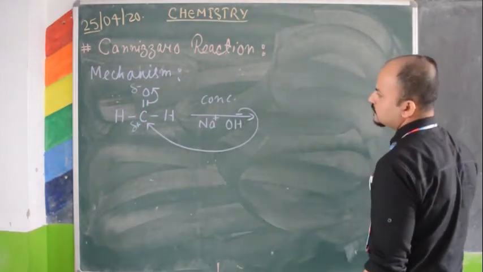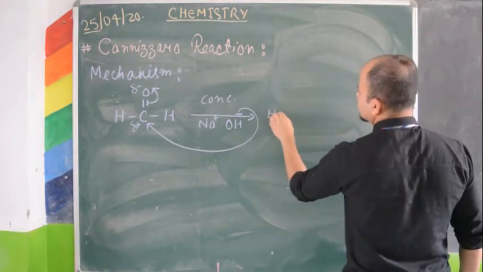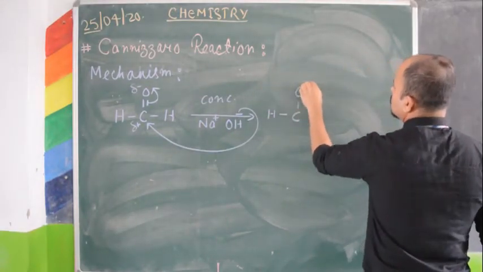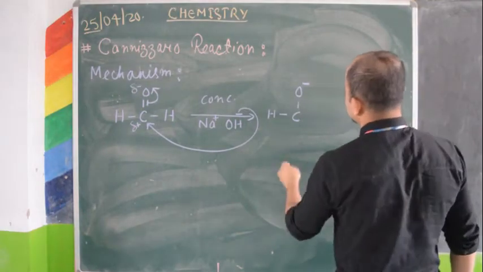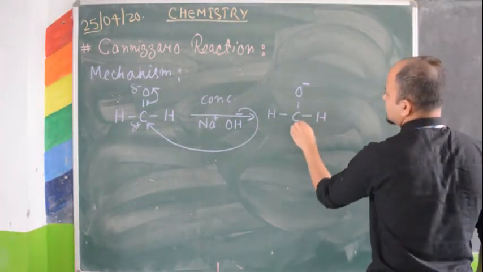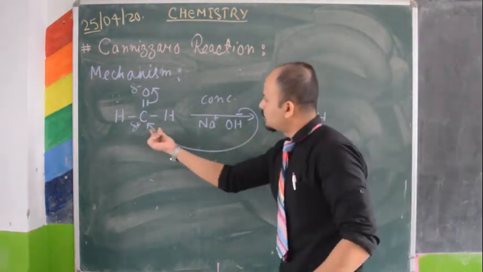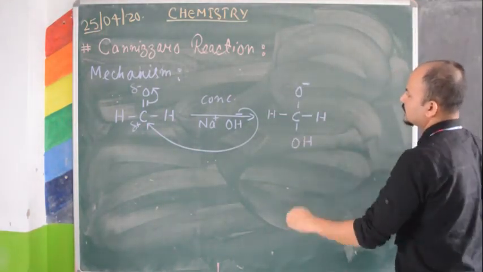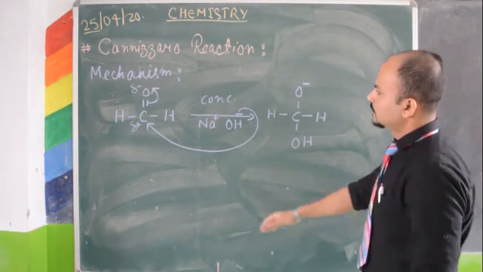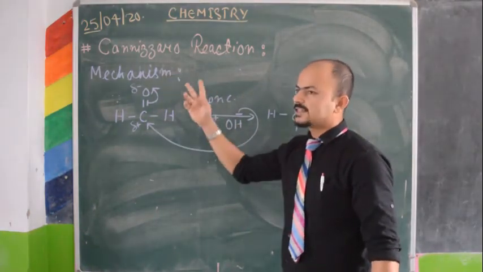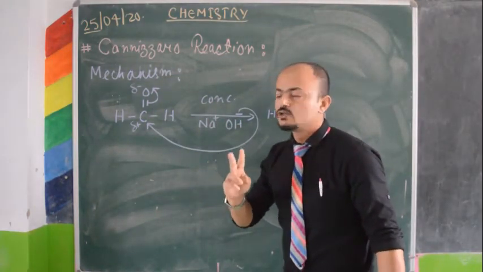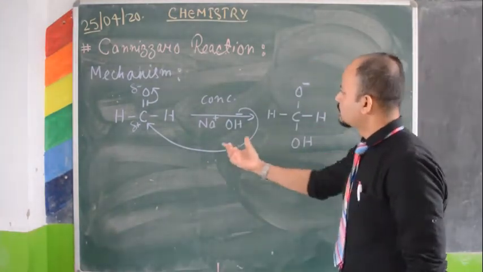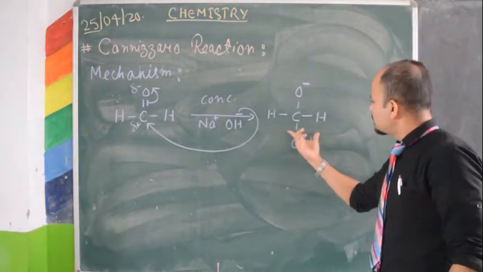So now let me write the product. HCO minus, this side H, and here this OH group is bonded to this carbon atom now. Therefore, we have OH. Okay? So in the Cannizzaro reaction, we were taking two molecules. So this one molecule has converted to this part.